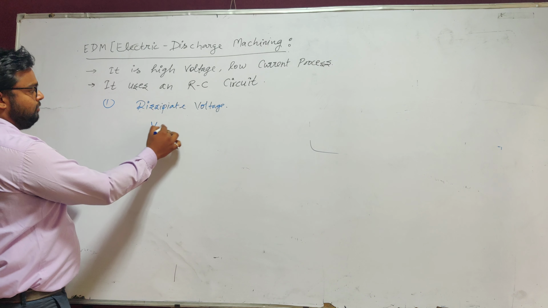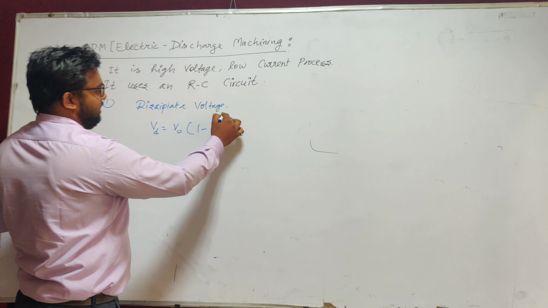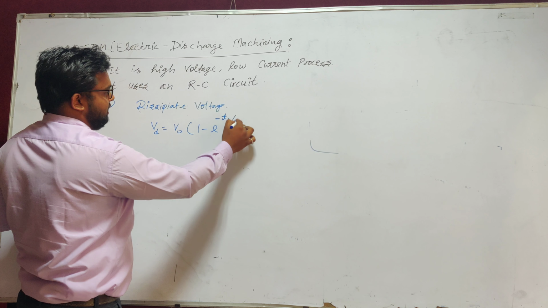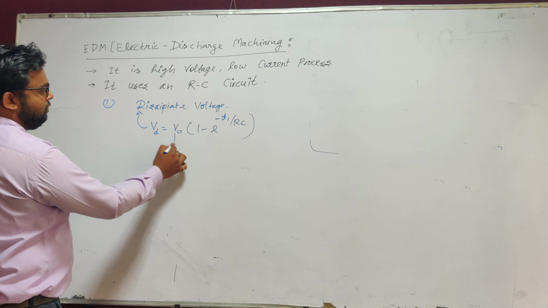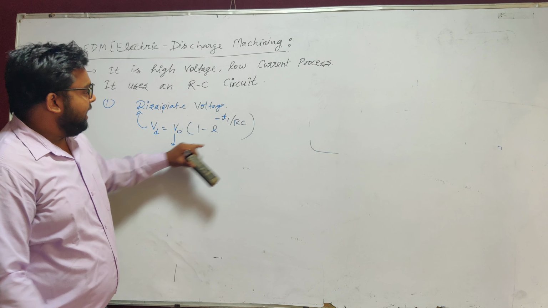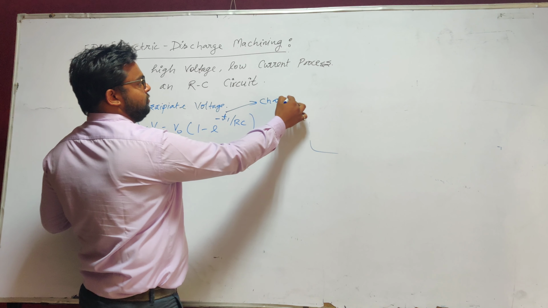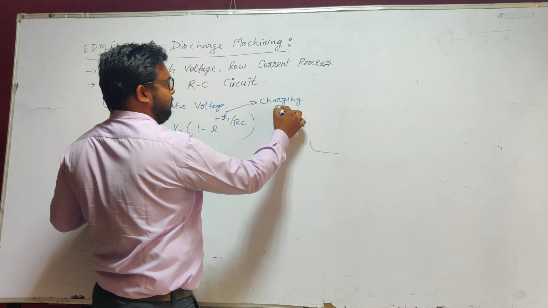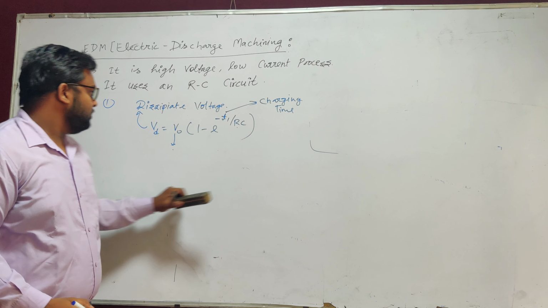VD equals V0 times (1 minus e to the power minus T1 upon RC). Here VD is the dissipate voltage, V0 is the threshold voltage of cycle 1, and T1 is the charging time. R is resistance and C is capacitance.